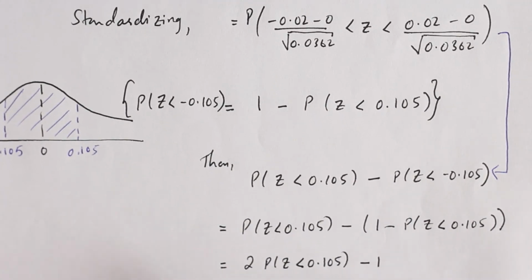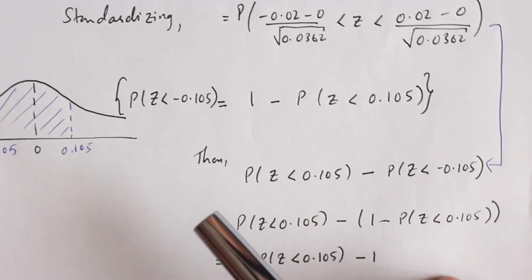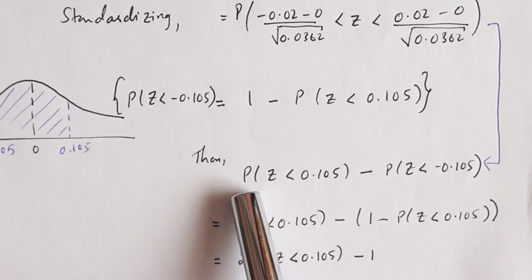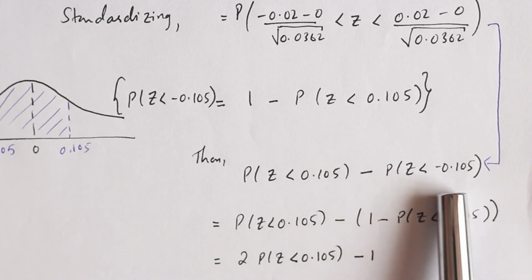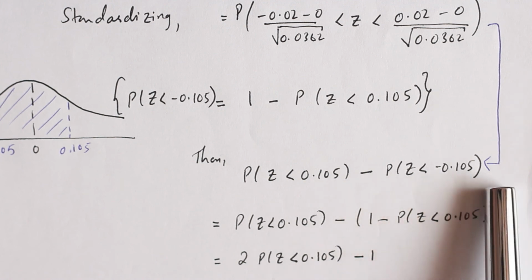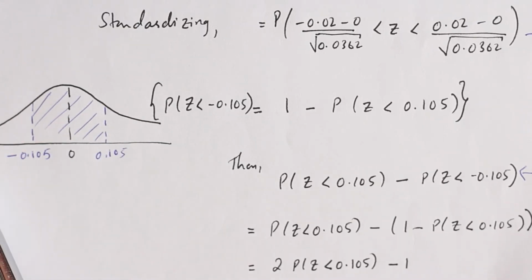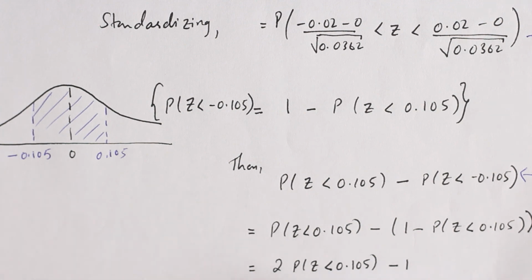So from here you have this. So this is just the probability that Z is less than 0.015 minus the probability that Z is less than minus 0.105, right? Because the probability of less than this minus less than that will give you the in-between, the shaded region.